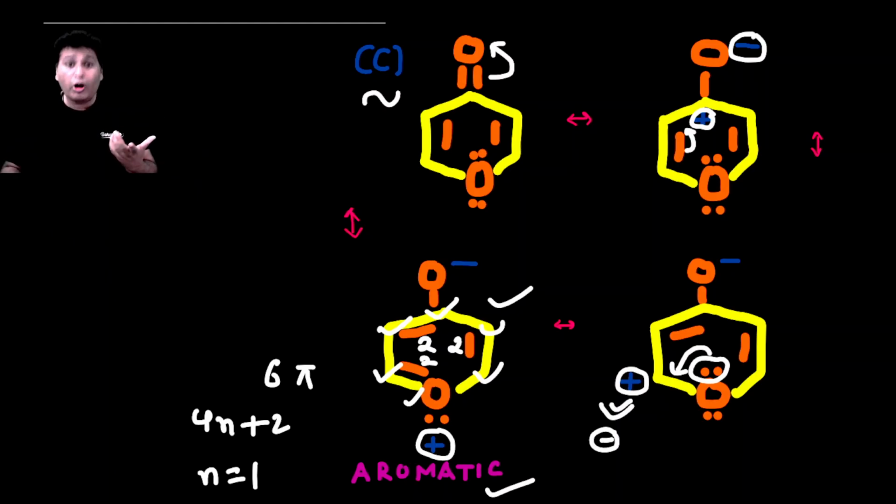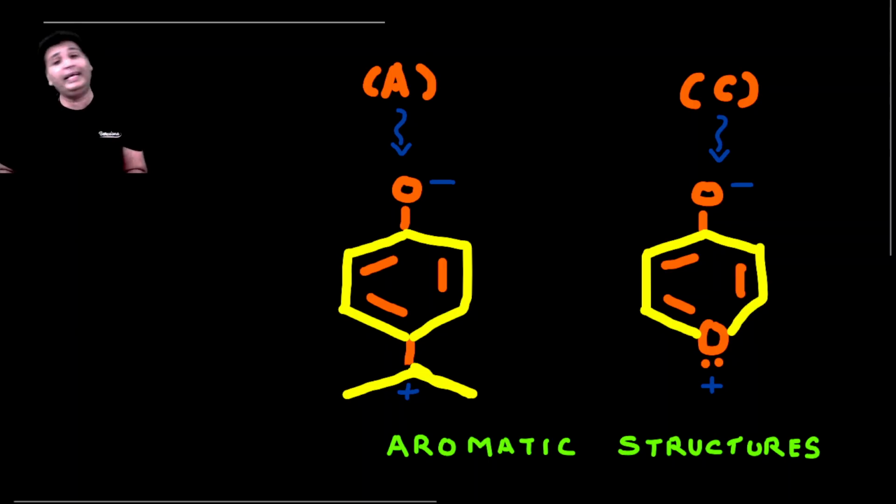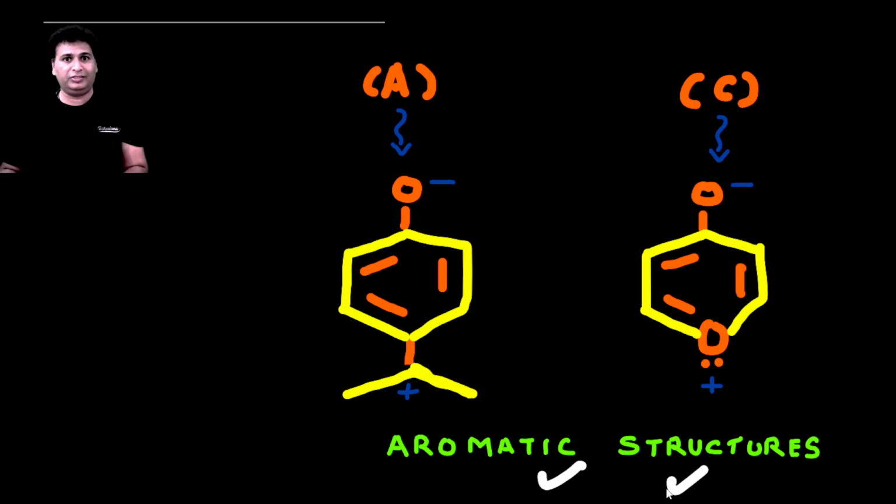Now we will compete between A and C. You should understand why we have to do a competition between A and C, because both have got aromatic structures. From that point of view, they are parallel. Now we have to come up with some point of difference that could help us realize that one is a stabler structure than the other. Then we will say this will have the more bond polarity.